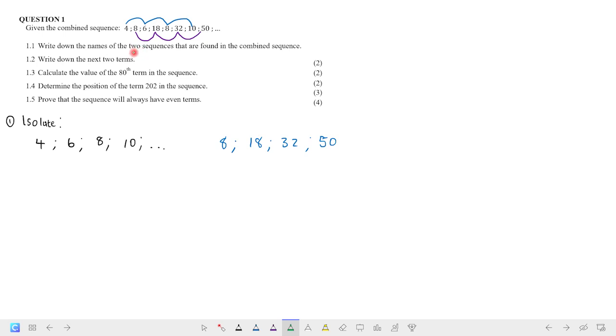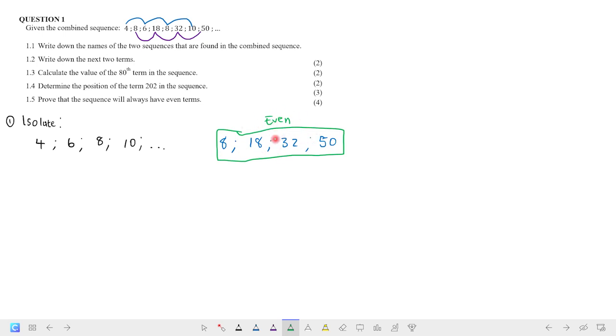So what you need to know is whether 100 is an even number or an odd number. If it is an even number, then because we got these terms from the even positions of the combined sequence, the numbers that have to do with even numbers will belong here.